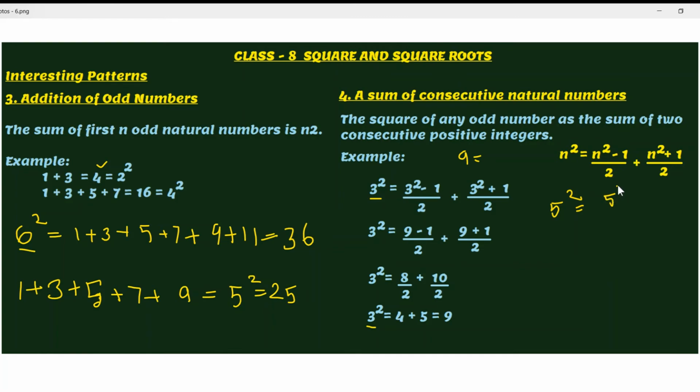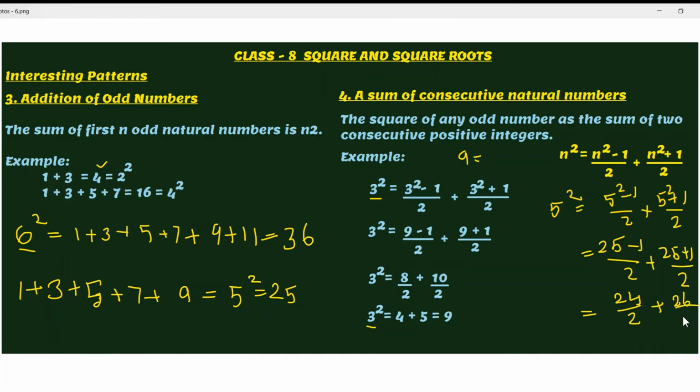So (5 square minus 1) upon 2 plus (5 square plus 1) upon 2, which is equal to (25 minus 1) upon 2 plus (25 plus 1) upon 2, which is 24 upon 2 plus 26 upon 2.